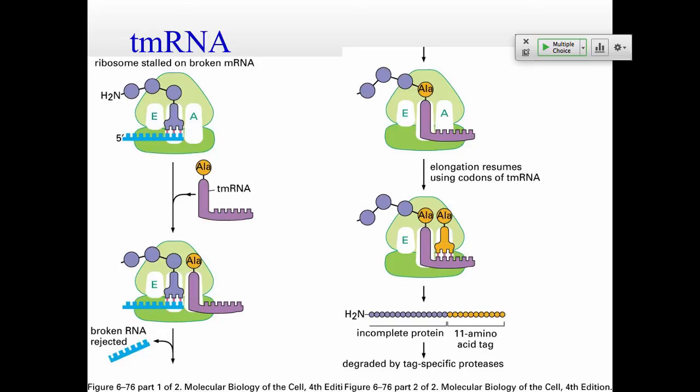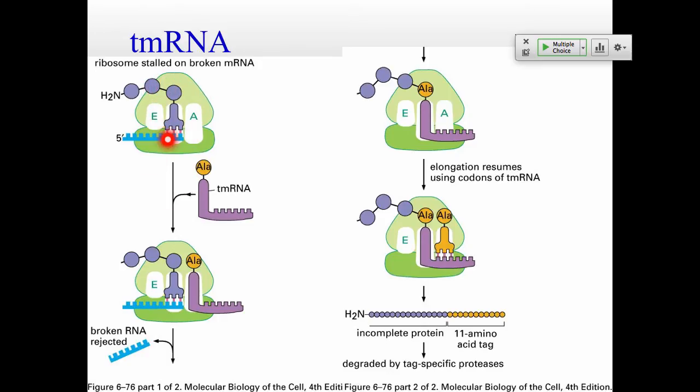And a broken messenger RNA is really problematic for a number of reasons. The first one, if you have a broken messenger RNA, you actually can't get a release factor to come into the A site because it's just gotten to the end here. It's stuck. And so if you need this ribosome to be making other proteins, it's a big problem.